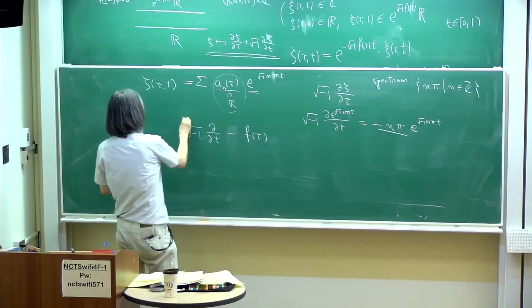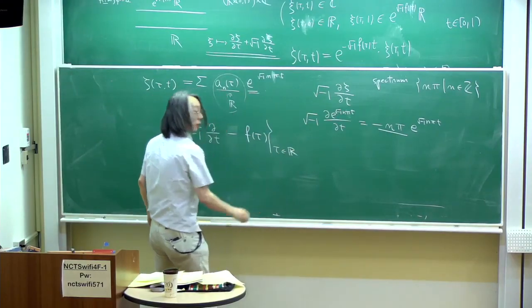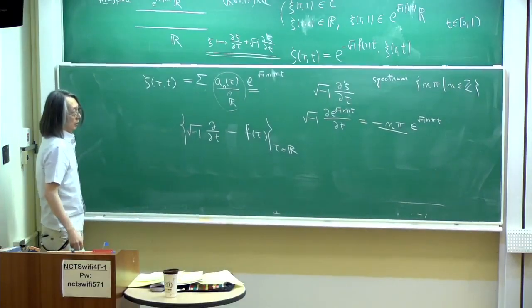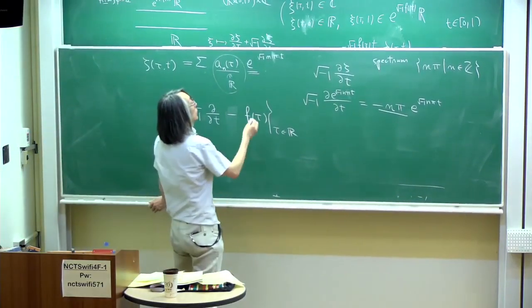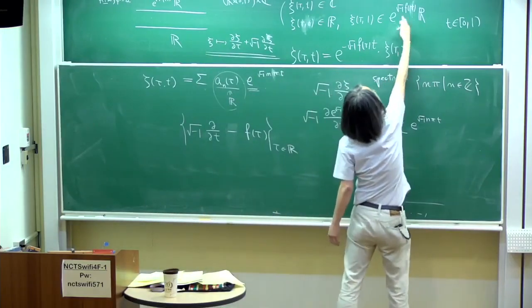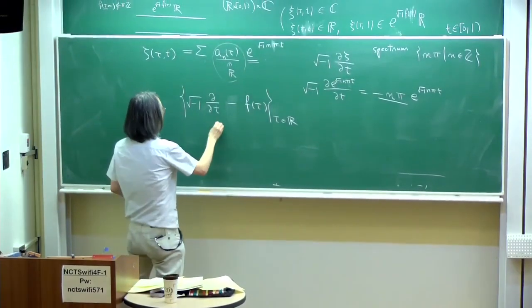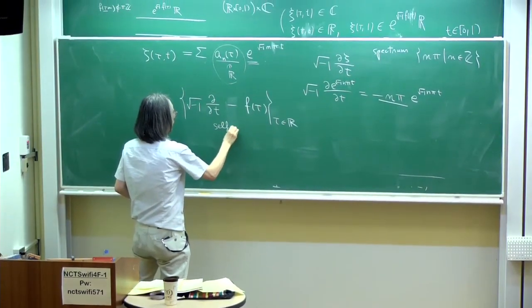So this kind of family of operators. And this is also a real valued function, right? Because I just put this phase of this. So therefore, this is a real valued function. So therefore, it is actually a self-adjoint operator.